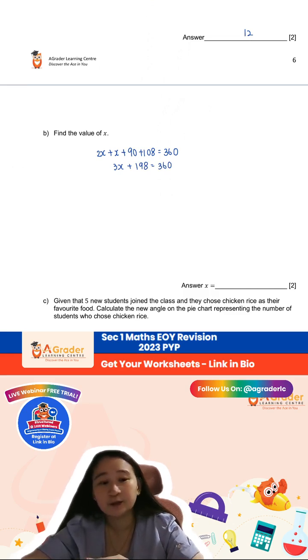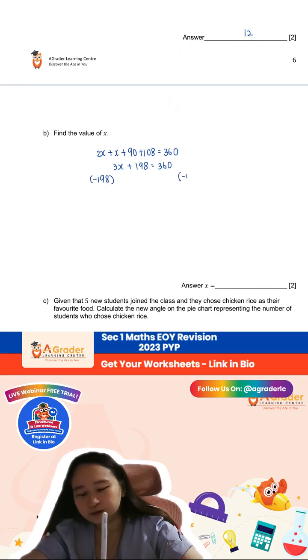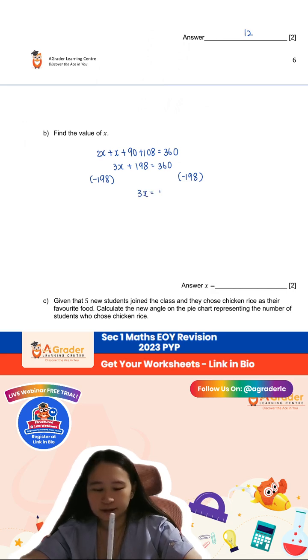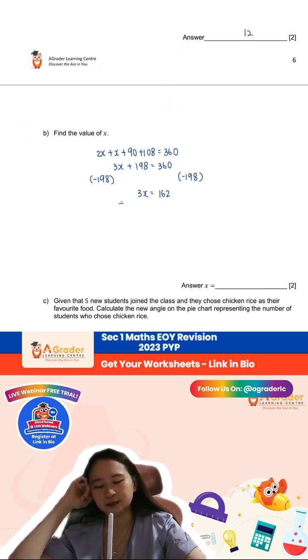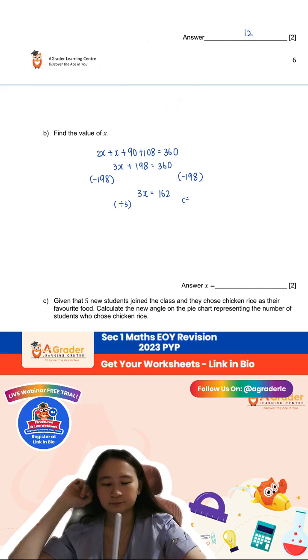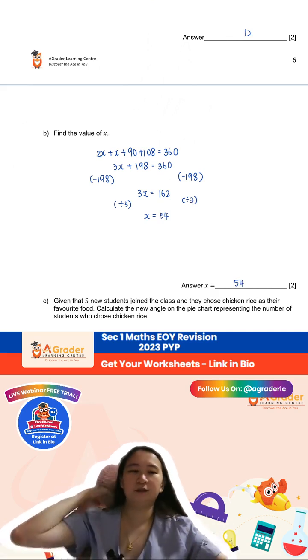After we simplify, we want the unknown on one side. So we minus 198 on both sides. We get 3x equals 162. Then to find the value of x, we divide by 3. So x equals 54.